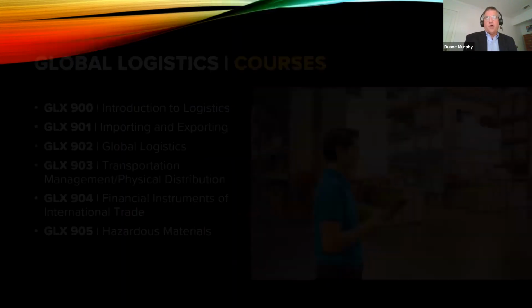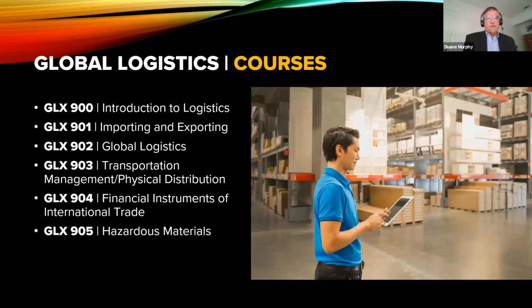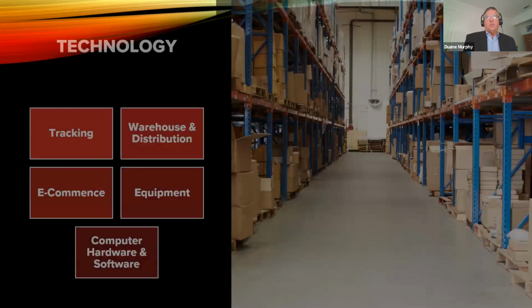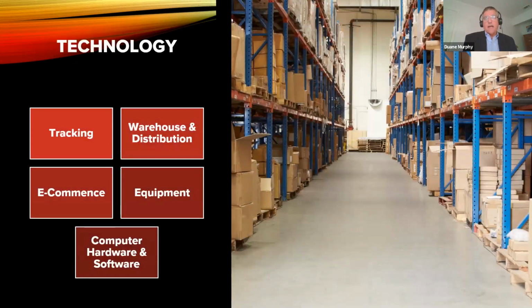So we'll be talking about the equipment as well as other information systems. Computer hardware and software. Well, there's a lot of things going on there with the advent of blockchain technology. The transportation and global logistics industry is one of the first users of this advanced blockchain technology for security purposes of documentation and other processes. The logistics industry is also working with companies like IBM that are developing quantum computing machines.